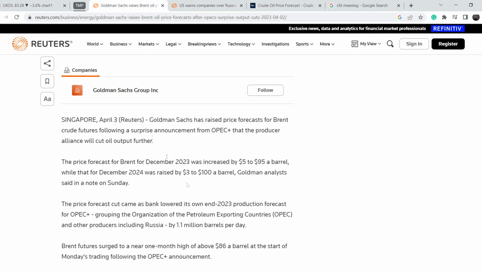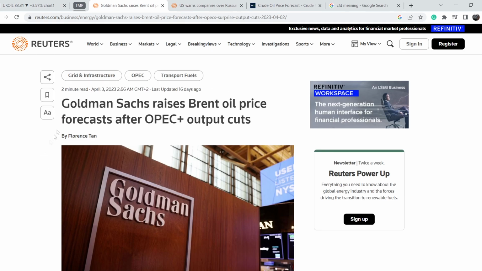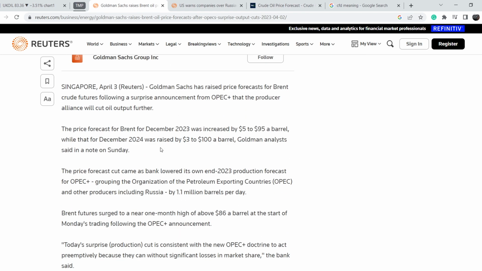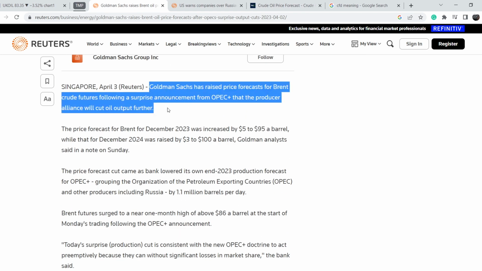So, first of all, let me show you this article that was published on April the 3rd, and it says, Goldman Sachs raises Brent oil price forecasts after OPEC plus output cuts. And let me show you this. Goldman Sachs has raised its price forecast for Brent crude futures following a surprise announcement from OPEC plus that the producer alliance will cut oil output further.